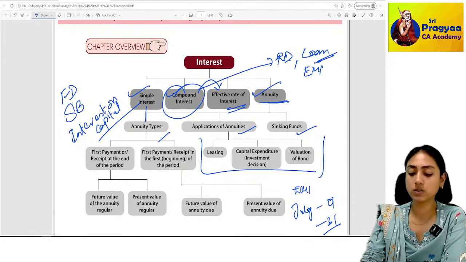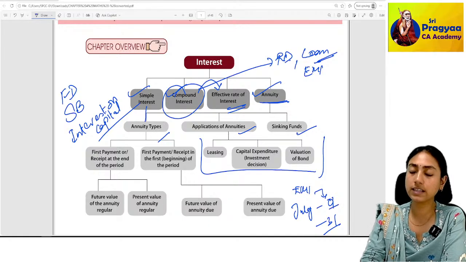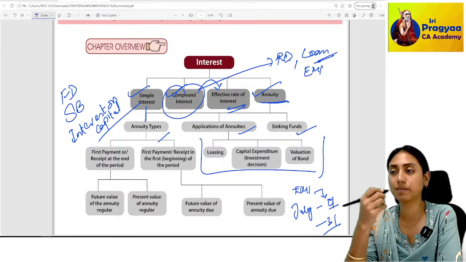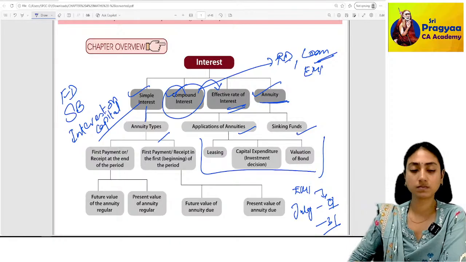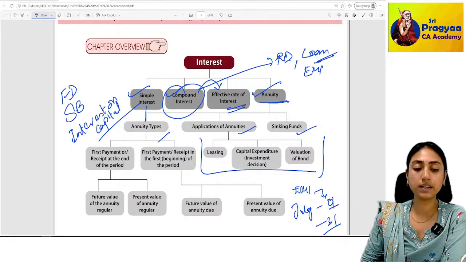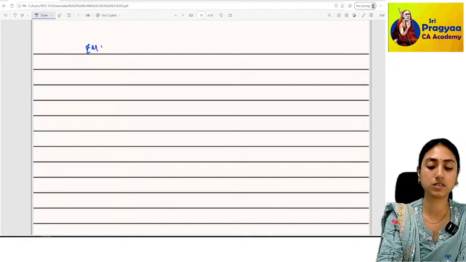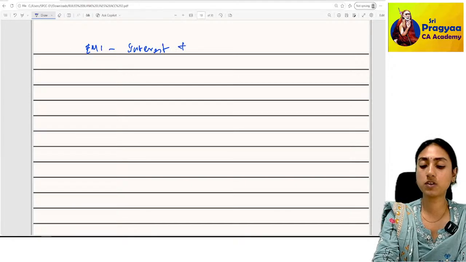So the EMI I pay today, my principal reduces. What is an EMI? Correct, a combination of interest plus principal, but EMI is nothing but equated monthly installment. There is a portion of interest and a portion of principal.